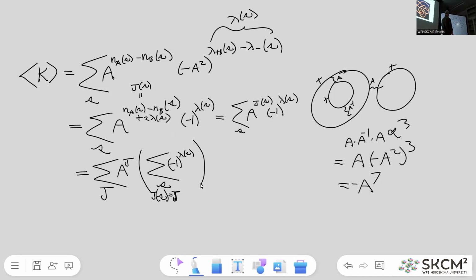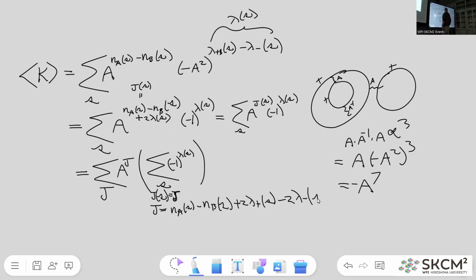And then what do I get? I get -1 to the lambda of S. Now, you have to say what you meant here. So you're given that fixed J, you chose it, like 5. And then you ask, which states have the number of A's minus the number of B's plus 2 times the number of pluses minus twice the number of minuses end up having J as that number?